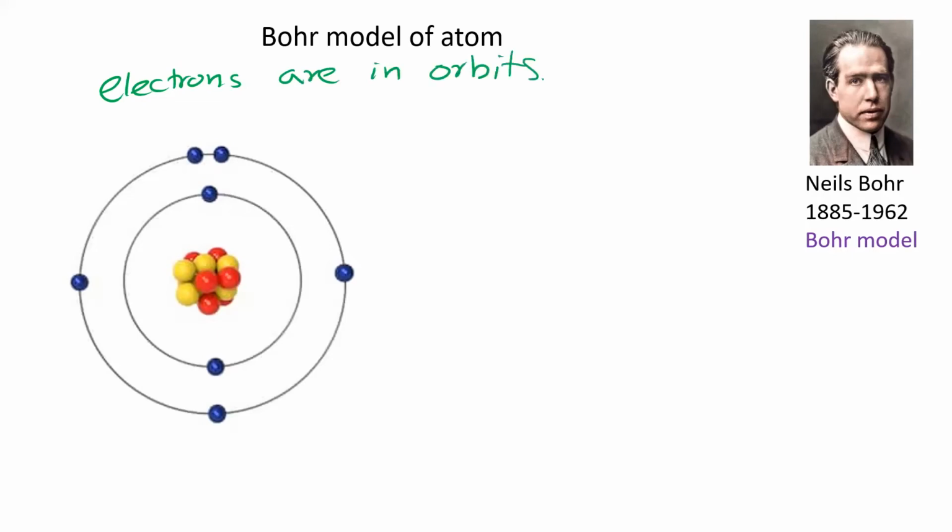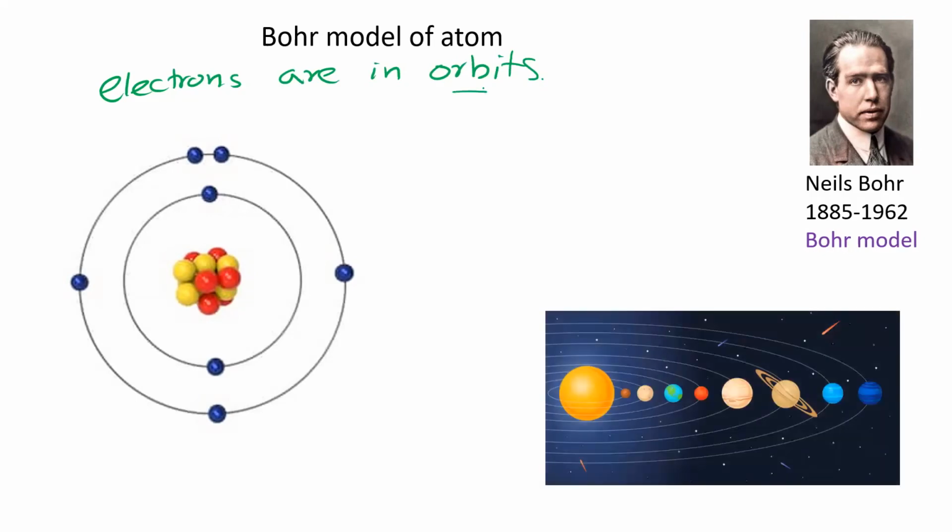Before this, no one mentioned it, even Rutherford. What Rutherford said is that there is a positively charged, dense nucleus in the middle, and the electrons are outside. There is this huge empty space where there are electrons. But he didn't specify where the electrons are. But Niels Bohr specified that these electrons are in orbits, just like in our solar system.